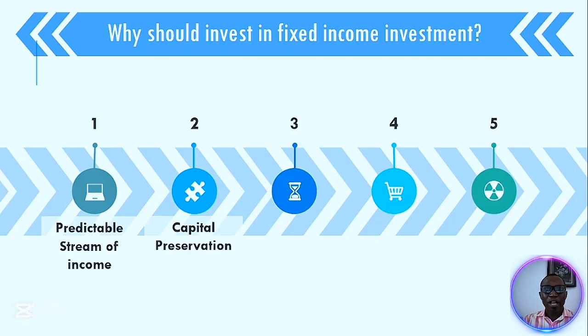So one of the ways to preserve the value of your money, the value of your capital, is this. When we say capital, it means the money you are investing into that instrument or asset. When you want to preserve the value of your money, you put it in fixed income investments. It may not totally hedge against inflation, but at least to an extent.